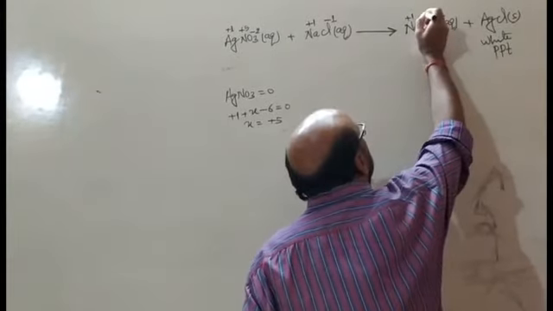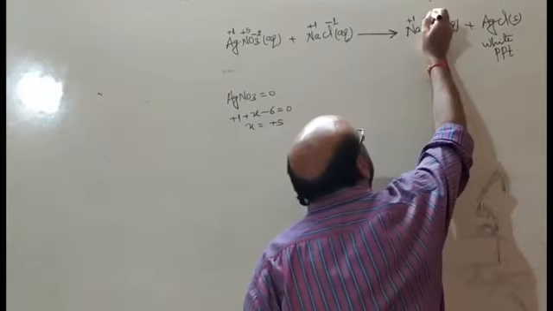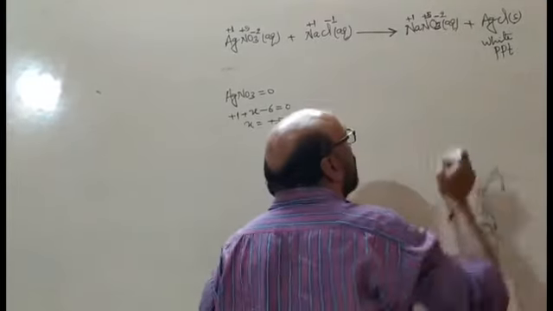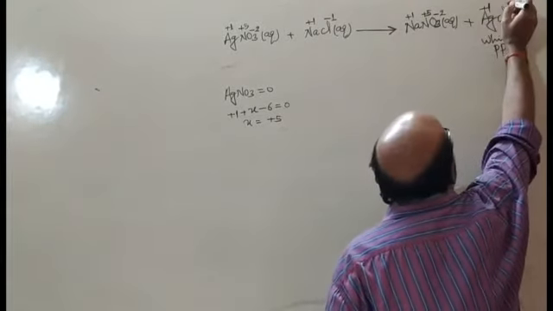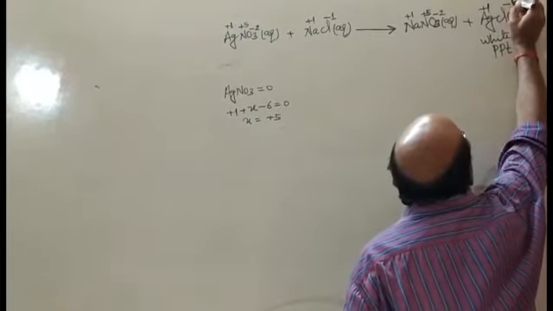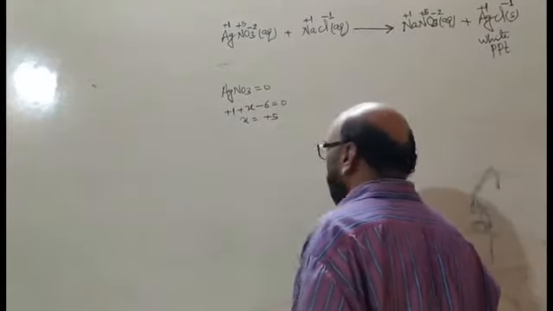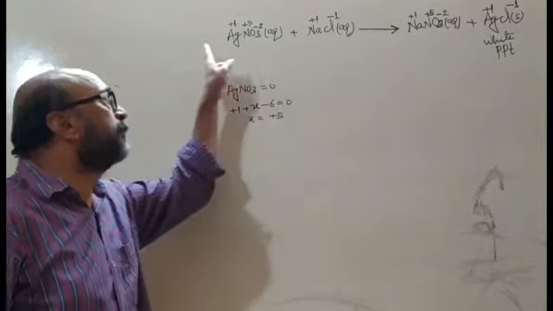sodium plus 1, oxygen minus 2. Like AgNO3, you will calculate the oxidation state of nitrogen here. You will have plus 5, here silver plus 1 and chloride. Silver chloride, chlorine possesses minus 1 oxidation state. And again look into the example.